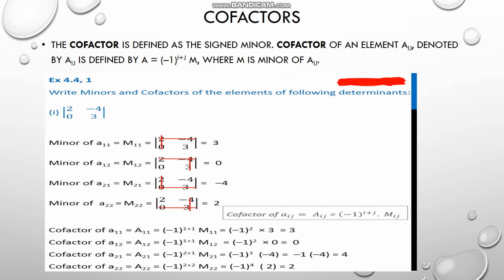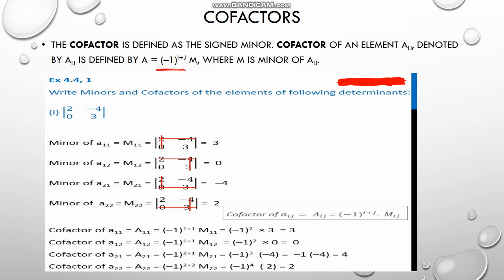Now the cofactor is defined as the signed minor. The cofactor of an element Aij, denoted by Cij, is defined as Cij equal to minus 1 power i plus j times Mij. Means for finding the cofactor, simply we have to find the minor, then we have to introduce the position value of that particular element.